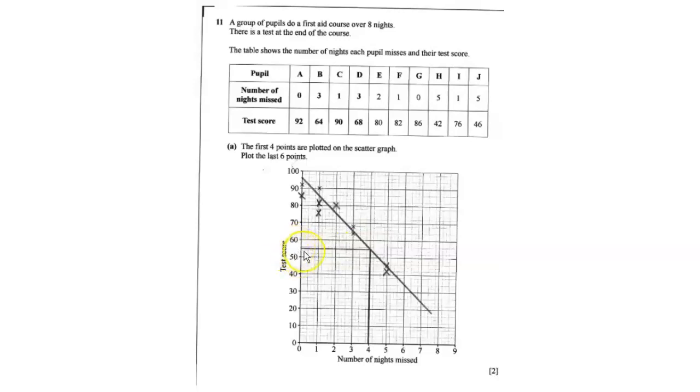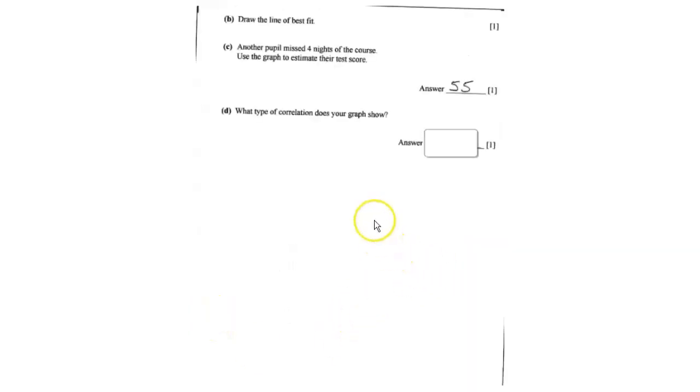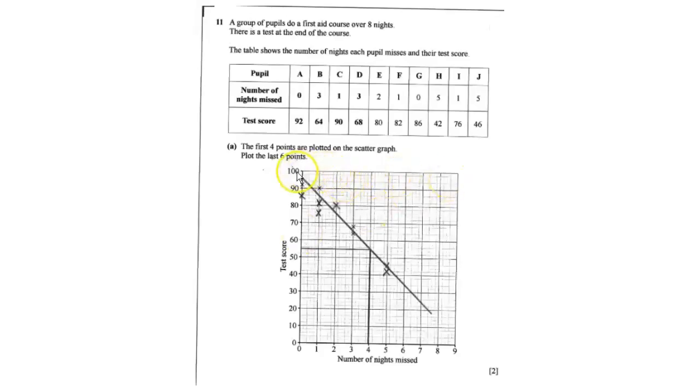So they're expected to score 55 in their test if they miss 4 nights. And then it says what type of correlation does the graph show, and I've put negative there. When the points go down this way, it will be a negative correlation, and if the points are going up this way, it will be a positive correlation. For this question, it's just negative.